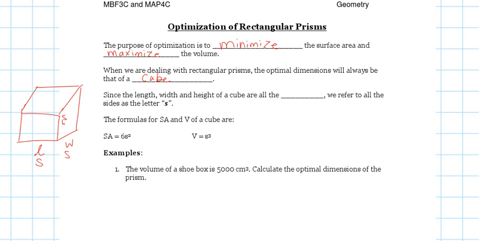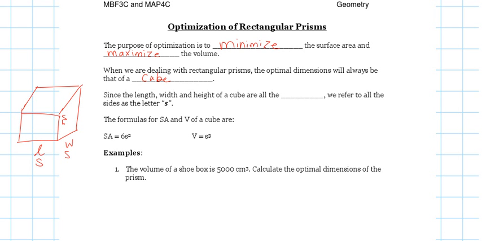Okay? Now, I'm looking at a cube right here. That's your cube. You have the same side length for all the sides. Now, if you're looking for the surface area, what would it be? All the areas of all the sides added. How many equal sides do you have?